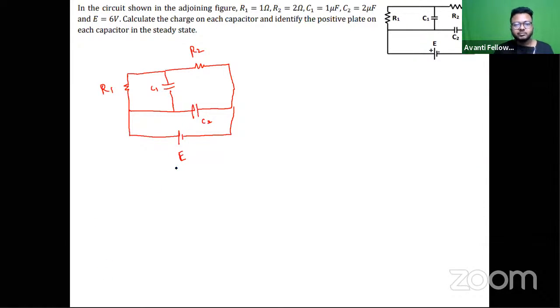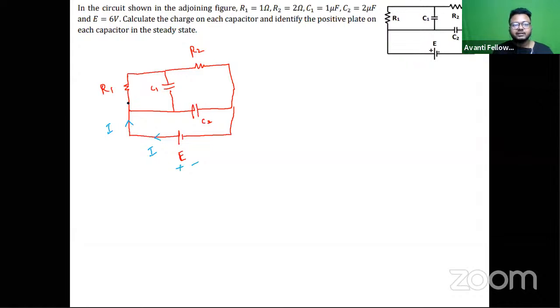Okay, so suppose this is your positive plate, this is your negative plate. So I'm expecting that current is flowing from here. Suppose the current flows from here, and it reaches over here. Now from here also the current goes out.